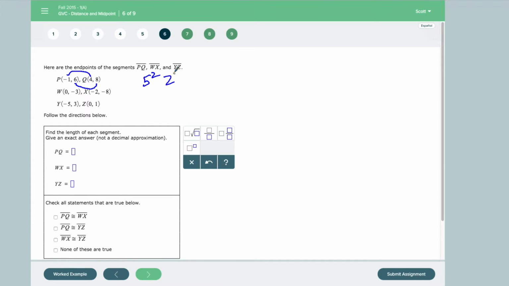Now square them. Add them together. And you get 5 squared is 25. Plus 2 squared is 4. And that equals 29. So our answer here is the square root of 29.